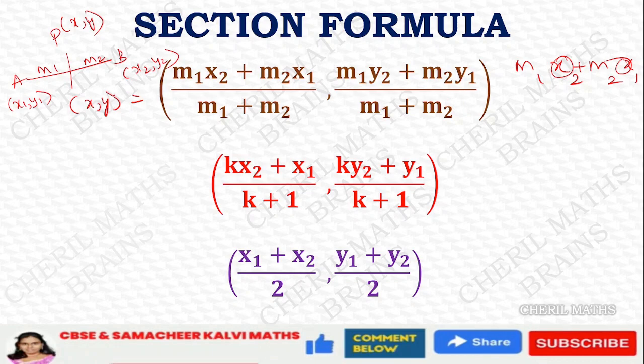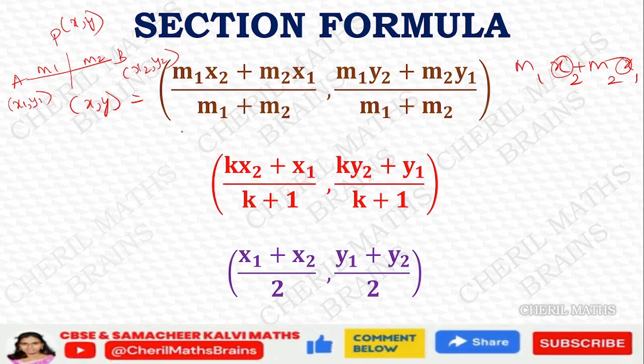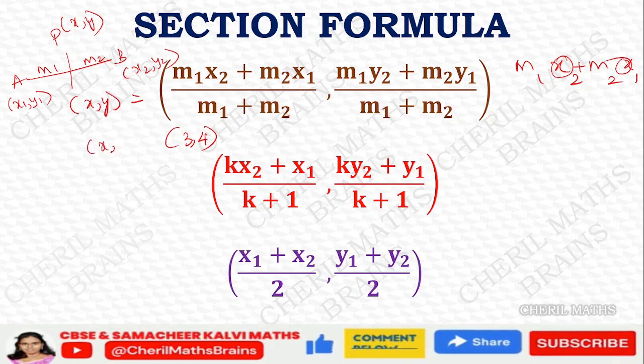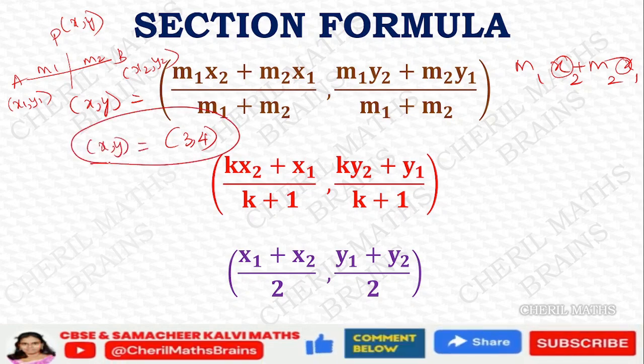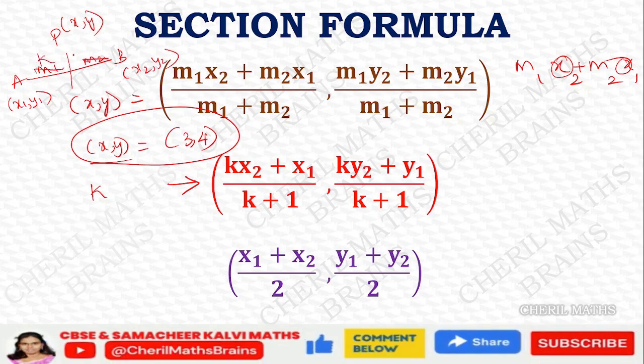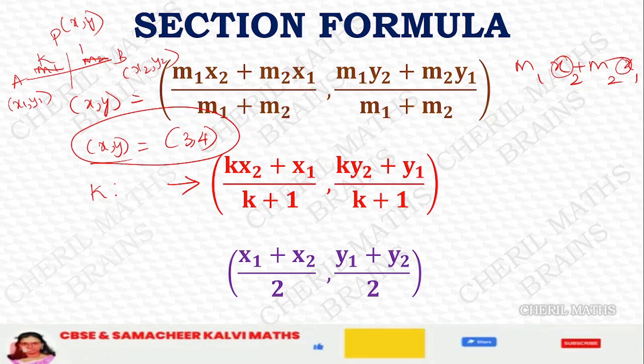Is it clear, children? So when you get this answer, for example, if the answer is 3 comma 4, it means x comma y is 3 comma 4. The coordinates of P are going to be 3 comma 4. So where did we talk about this? This is when the same thing is going to divide in the ratio k is to 1. So instead of m1 and m2, it is in the ratio k is to 1.